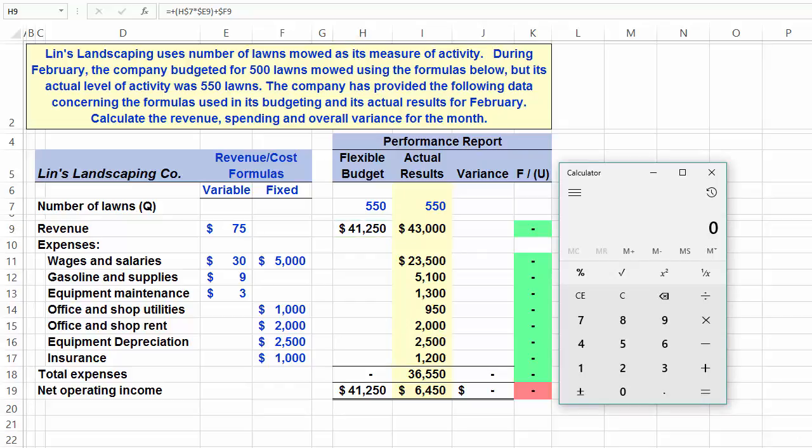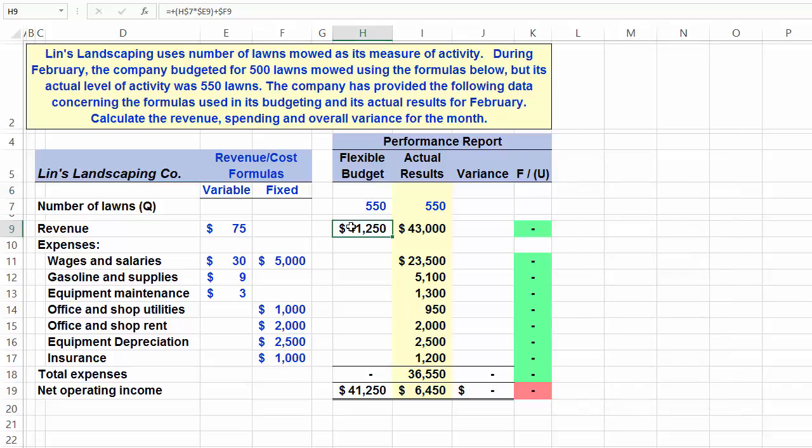And I'll verify that for you here with the calculator. $75 times 550 lawns is $41,250. We will compare that amount to actual results when we are trying to determine our variance.